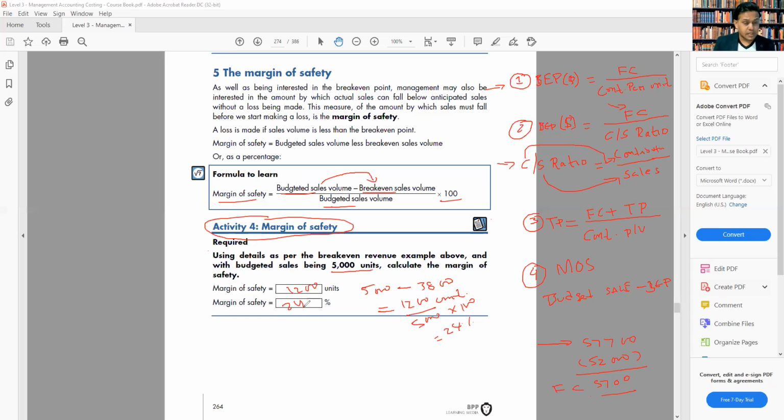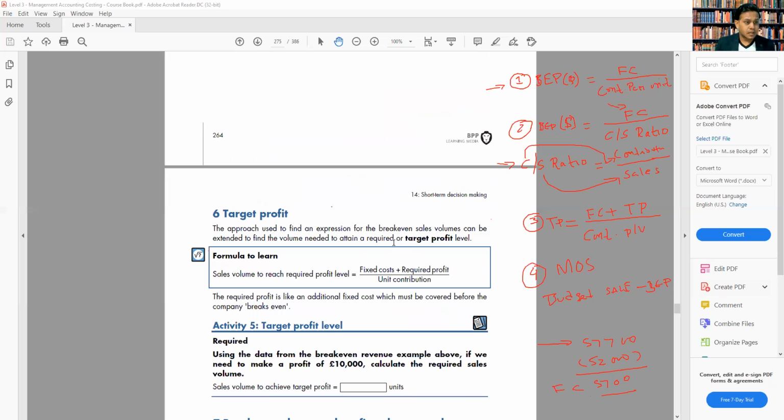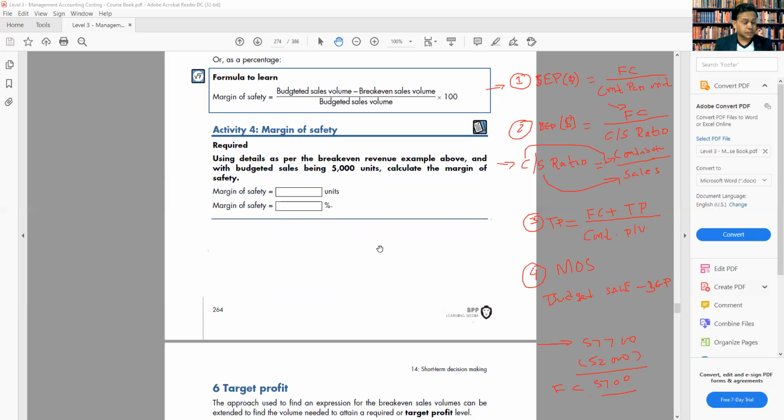If you have any question, please let me know so we can discuss more, or we can move to the next question. If you can remember these formulas, this question will be really easy for all of you. But my advice is, please read the chapter, because in the chapter there is a lot of explanation that might give you more knowledge.